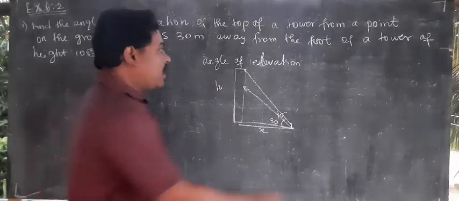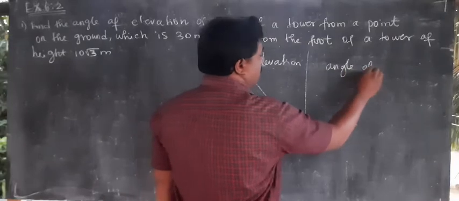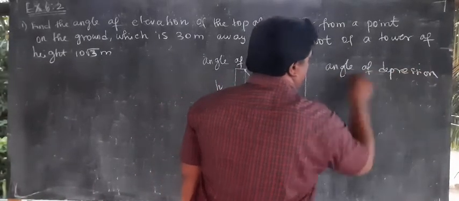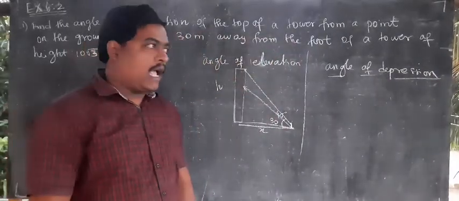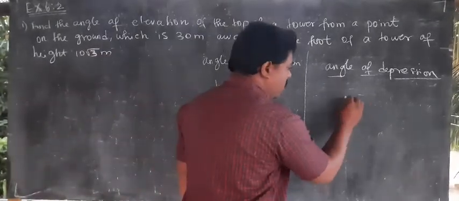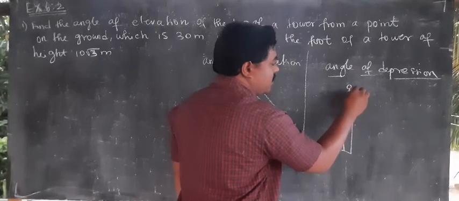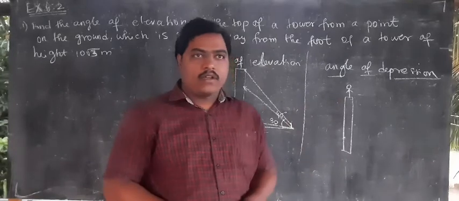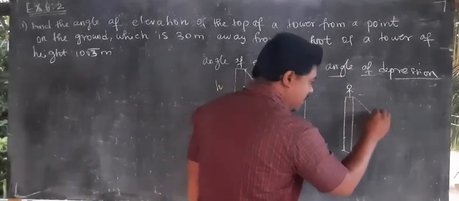Then angle of depression. Angle of depression means this is one building. You are standing on the top of the building, you are seeing the ground.